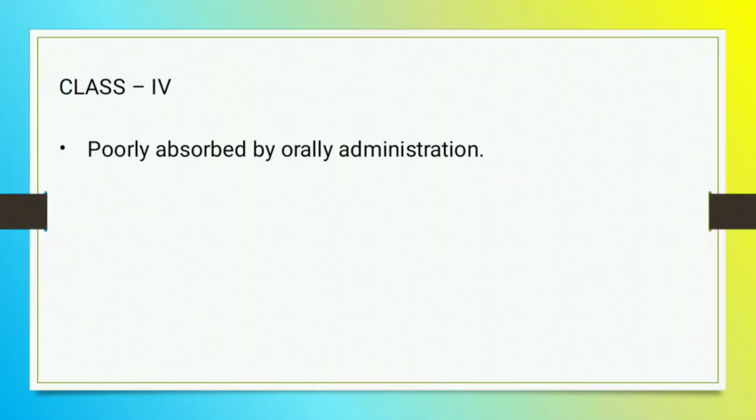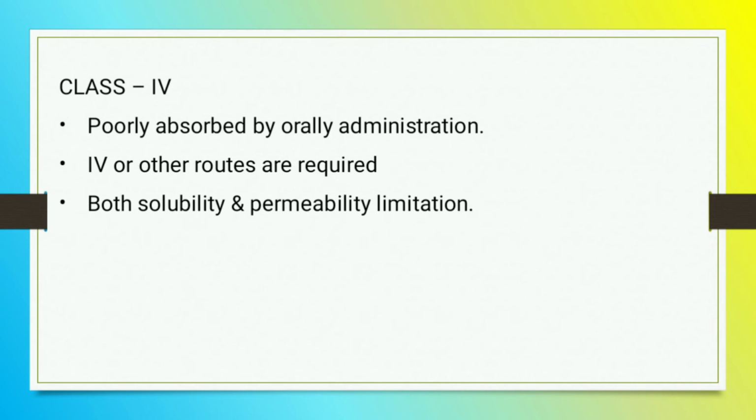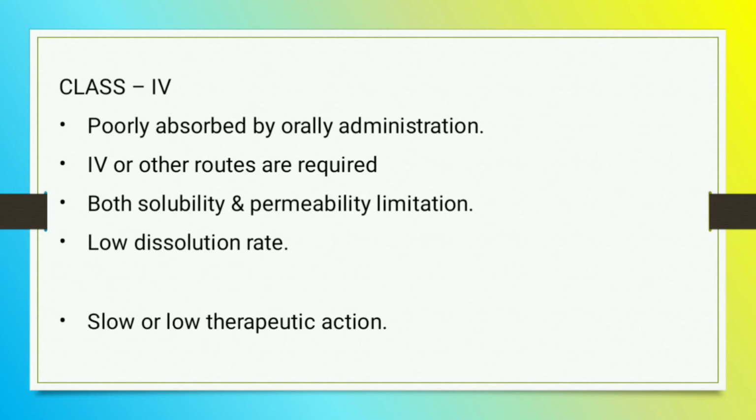Now moving to class 4. Class 4 drugs are poorly absorbed by oral administration, therefore IV or other routes are preferred or required for administration of such drugs. Both solubility and permeability are limited for class 4 drugs and they have a low dissolution rate.